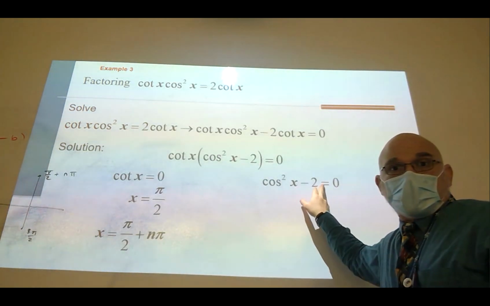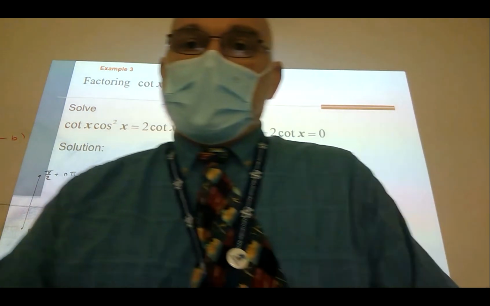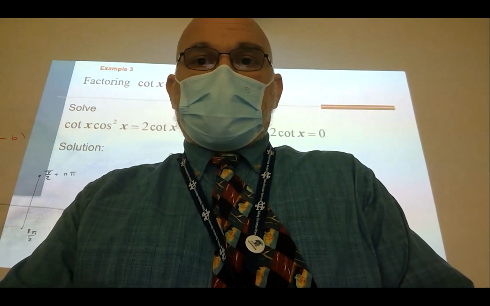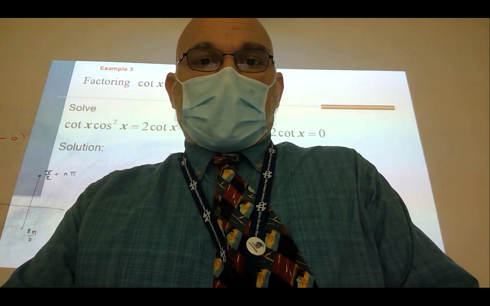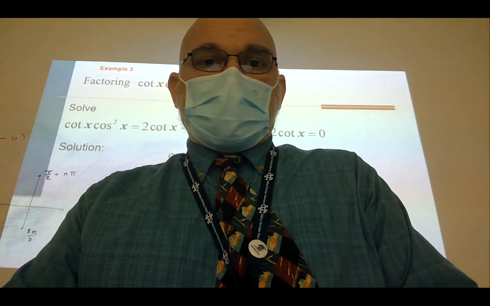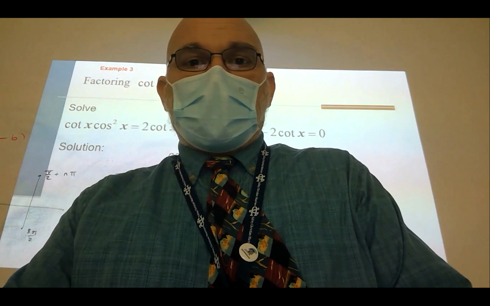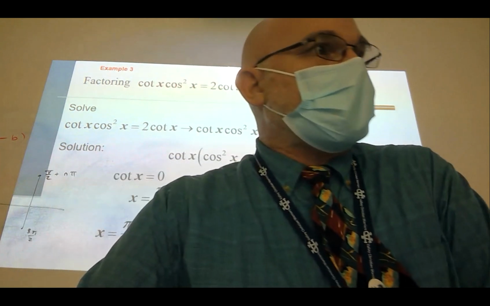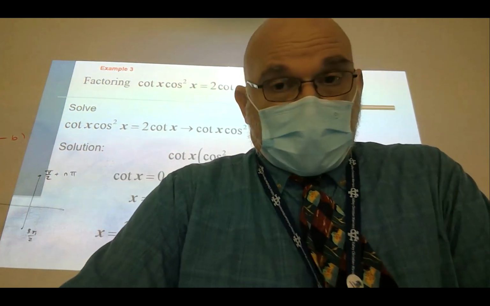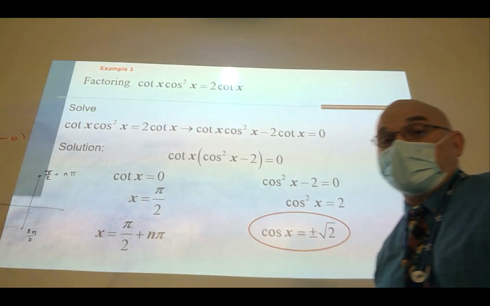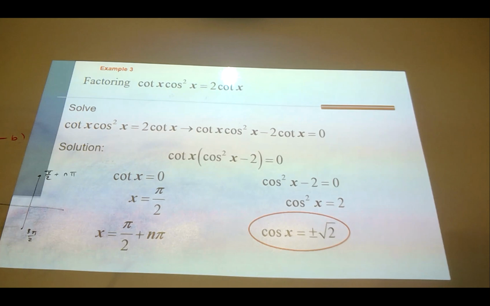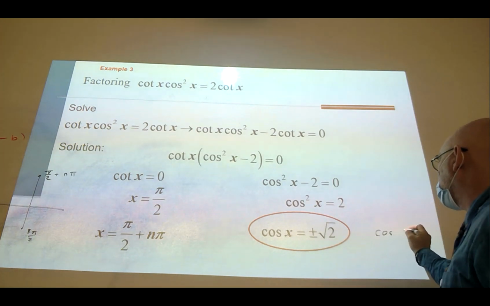Cosine squared, this is a little tricky, right? Cosine squared is equal to 2, which says that cosine of x is positive or negative square root of 2. Now you can look all day and all night, and you're not going to find a place on the unit circle where cosine is greater than 1.